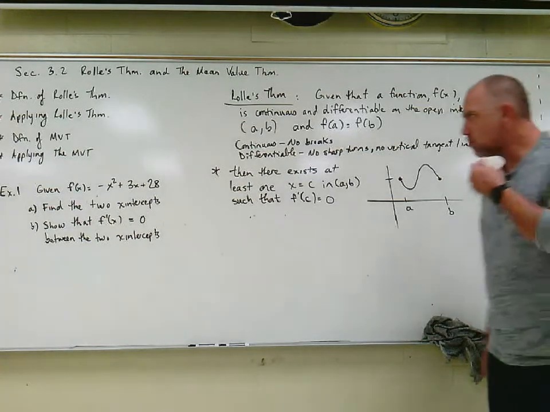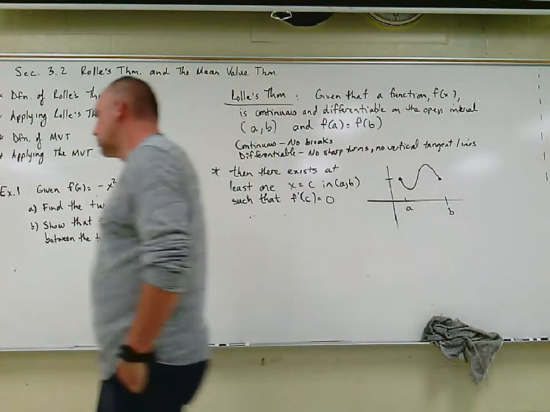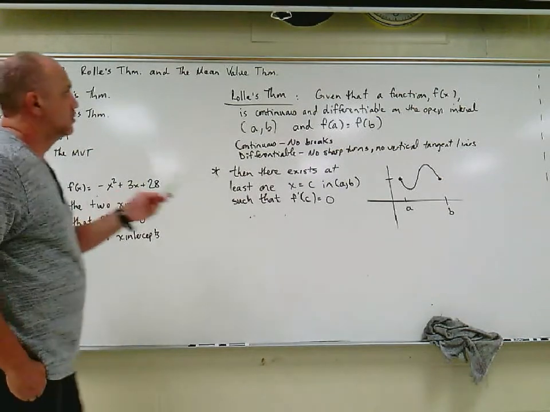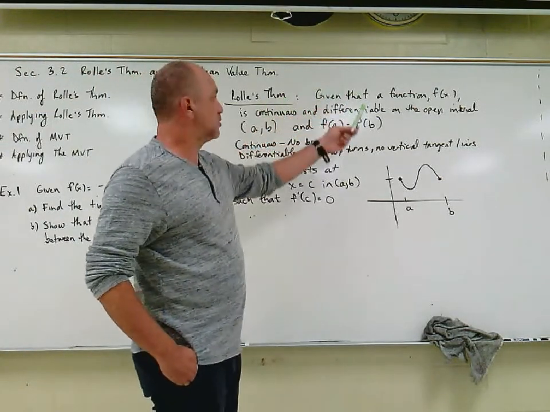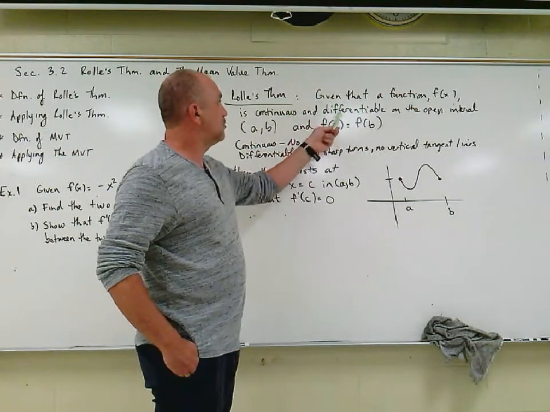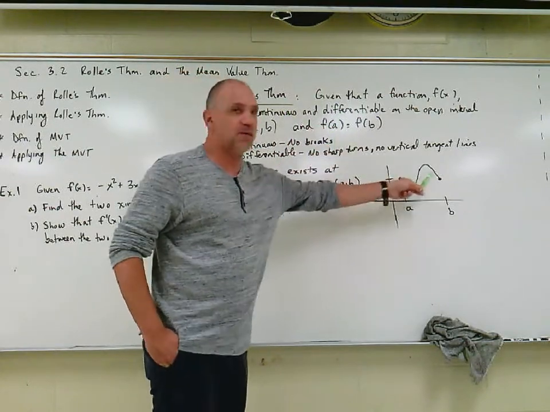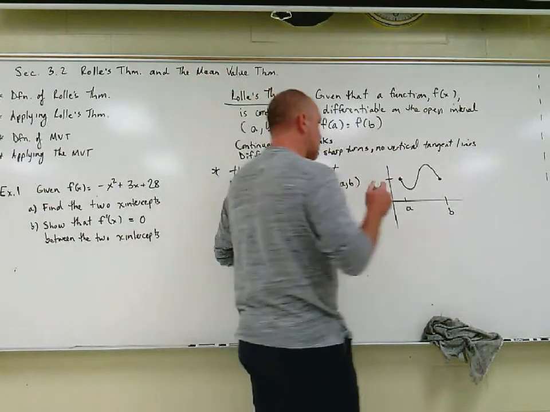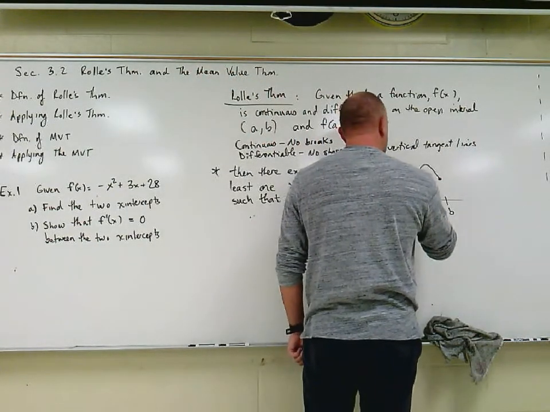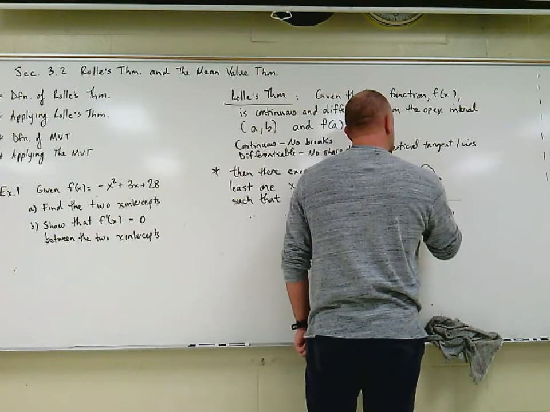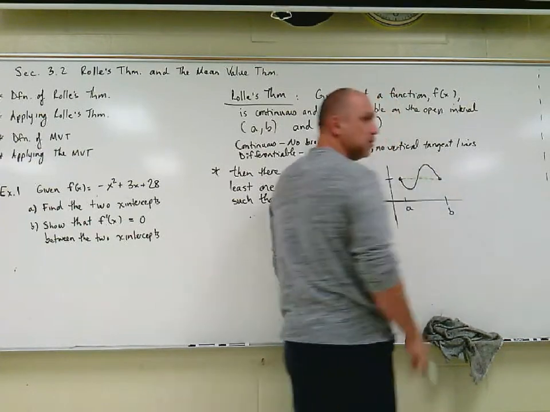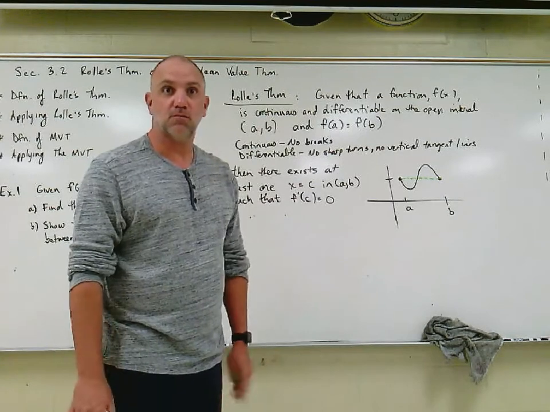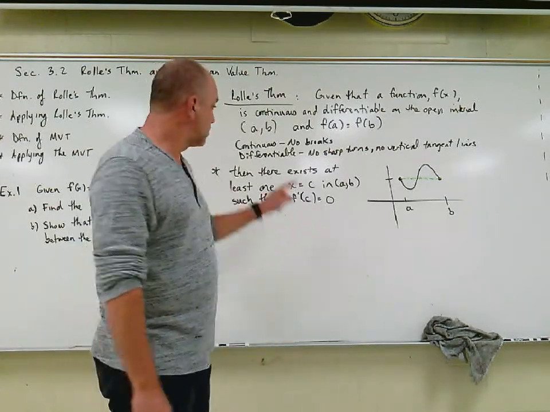So the key thing is, this has to be the start. The graph is continuous, no sharp turns, and the endpoints have to be at the same height. Now look at the slope between the two endpoints. If I were to make a secant line here, notice that between the two endpoints, what's the slope? Hopefully my drawing is correct. 0, slope is 0. Here's what it's saying.